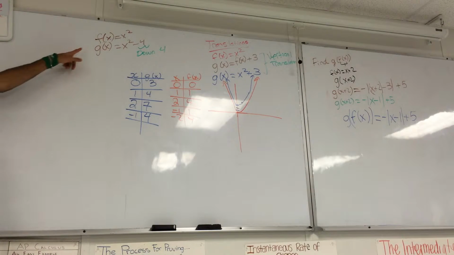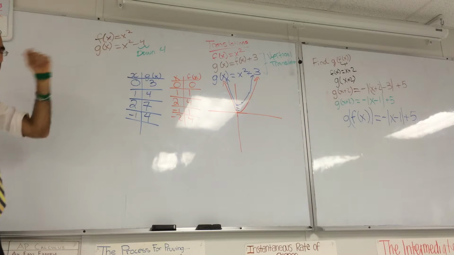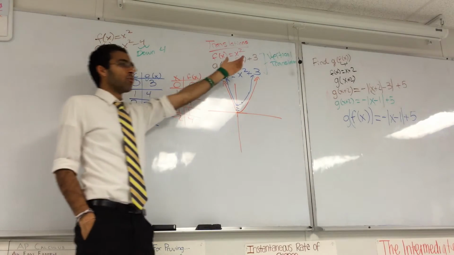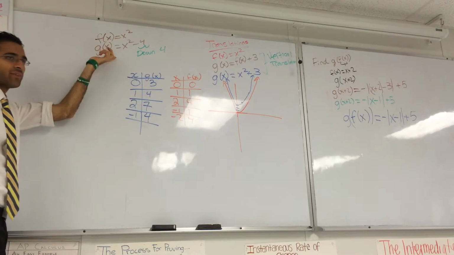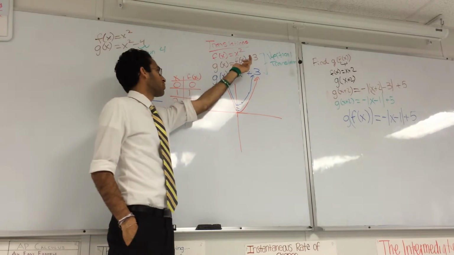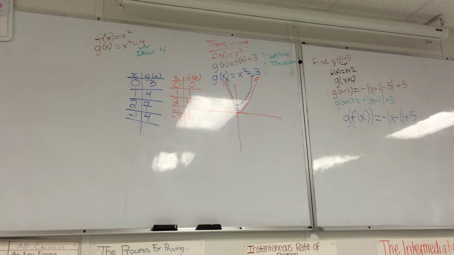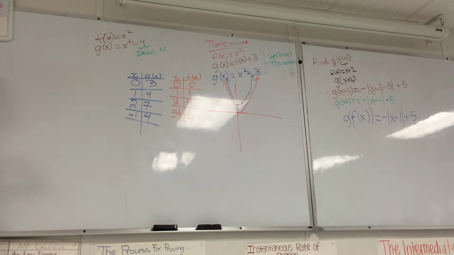What if we said, can we write g of x with f of x as a part of it? In other words, write g of x to look a little more like this. How would I do that? How could I write g of x so that it looks a little more like that? There you go. Instead you would write g of x equals f of x minus 4.